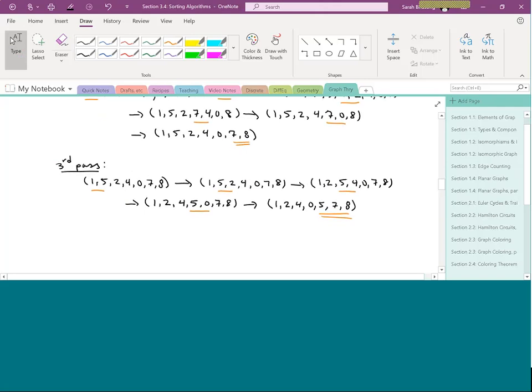Now, next pass, 4th pass through. We'll start with the sequence we got before, so 1, 2, 4, 0, 5, 7, 8. When we do a comparison, we look at the first two terms, and we see that there is no change in the first two terms, so we still have the exact same sequence going on.